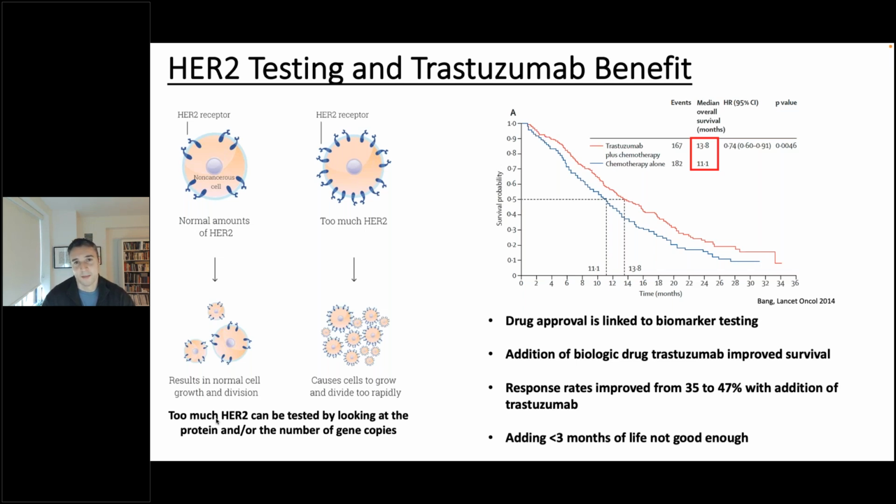Shown in the top right is the TOGA trial, which first established that adding trastuzumab to HER2 positive patients improves survival, and you can see the median survival there in months. So this is important. Obviously, we need to do much better, and we're going to talk about a new kid on the block with regard to HER2 in a little bit.